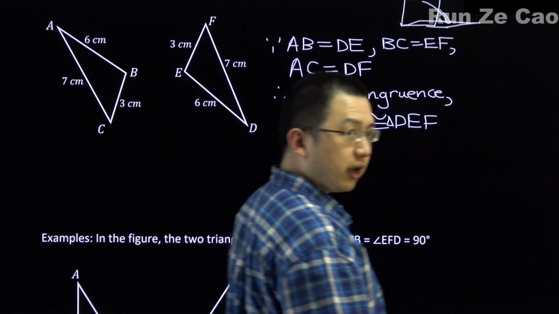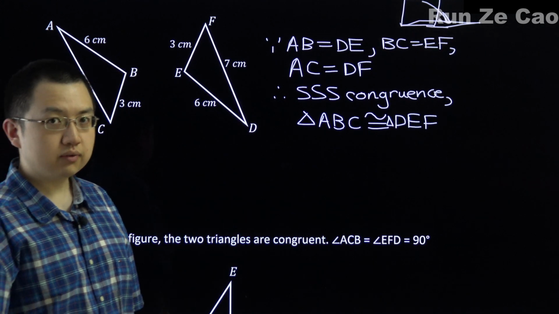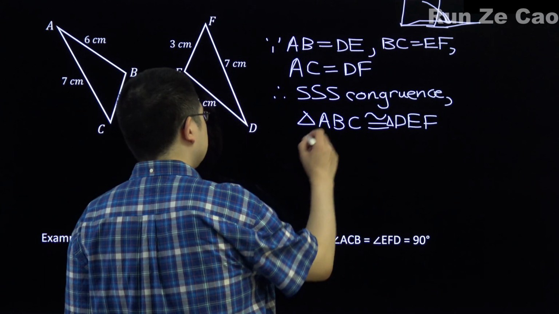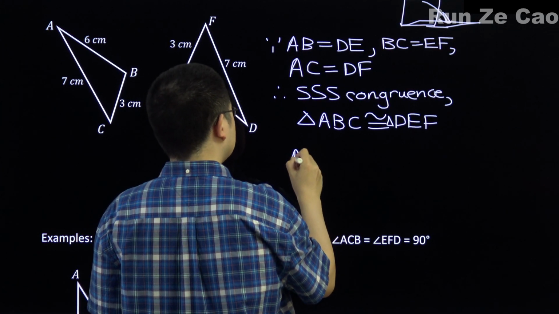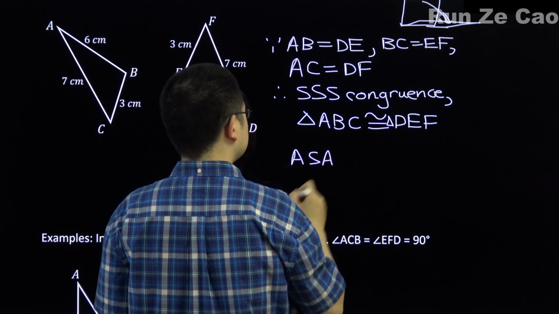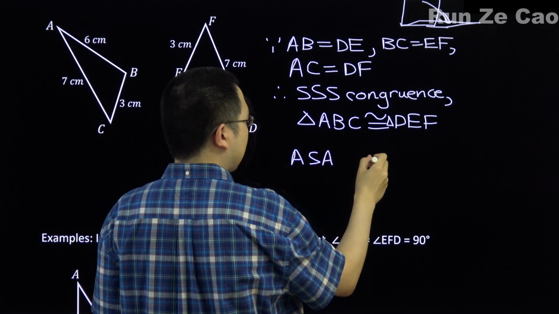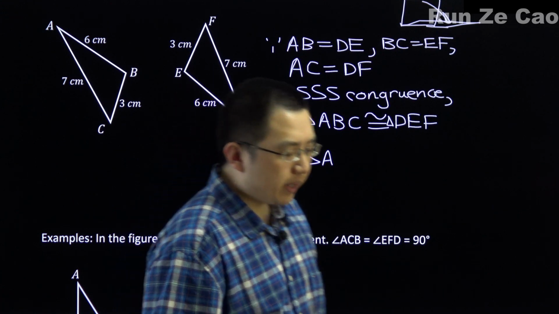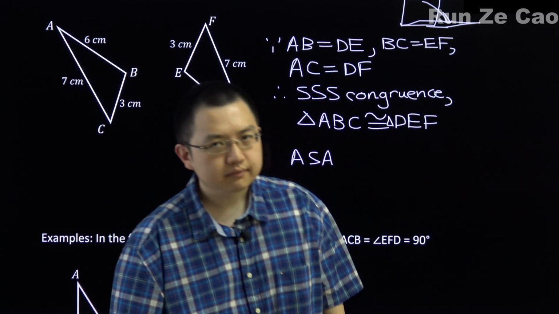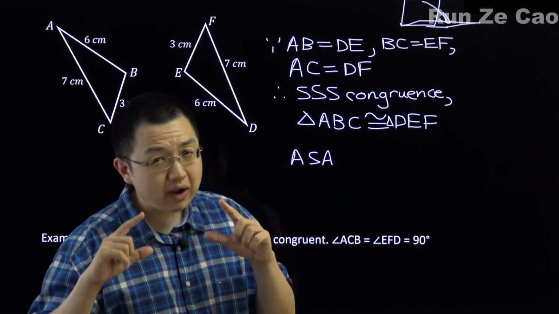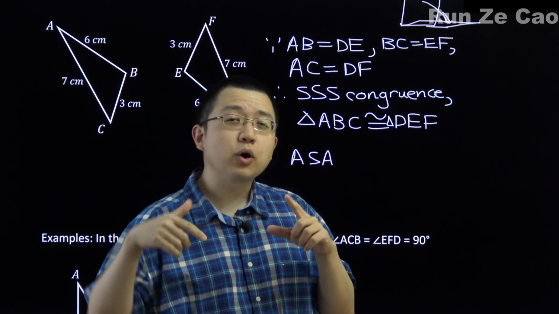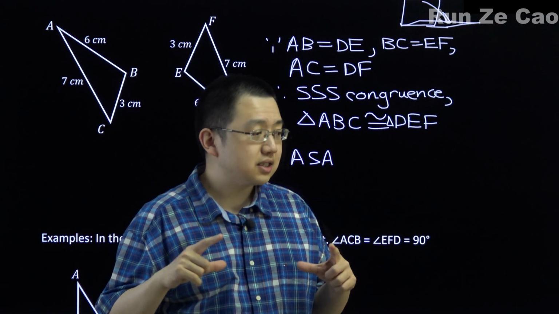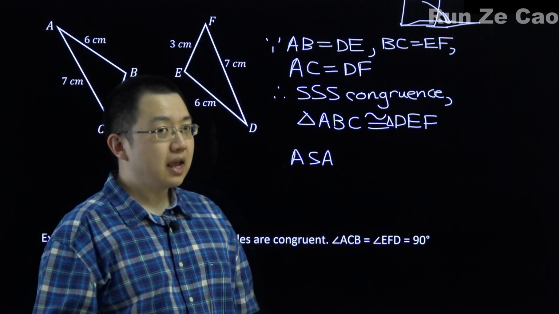Now there's a few other modes of proving congruence when you have two triangles. You have angle, side, angle. And some people say that angle, angle, side is a derivative of this. But if you think about it, if you have two angles in a triangle, you have the third one, which means that angle, angle, side is actually the same as angle, side, angle.